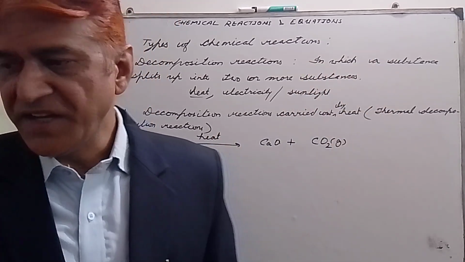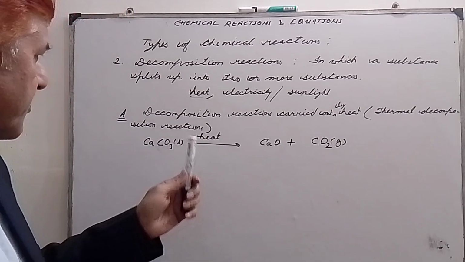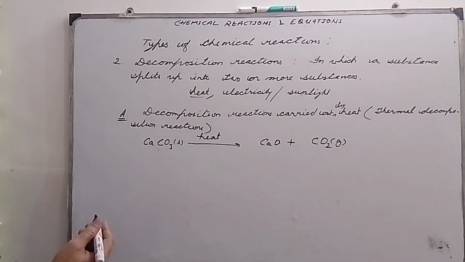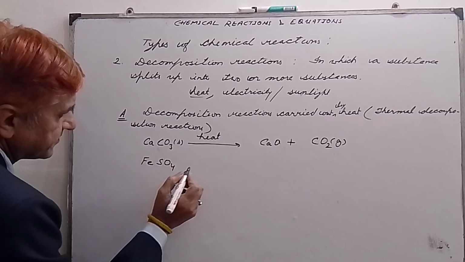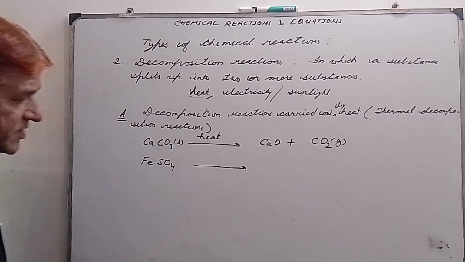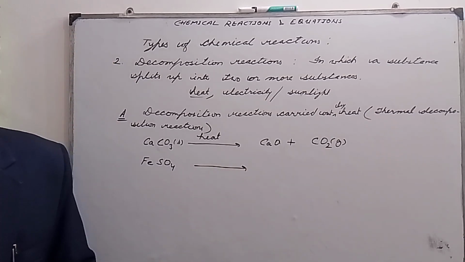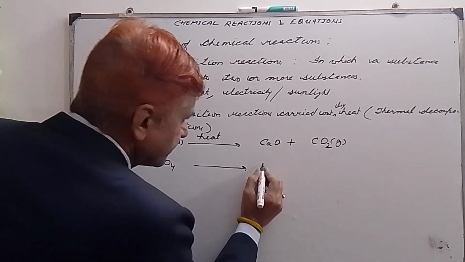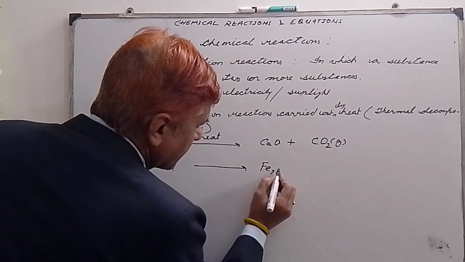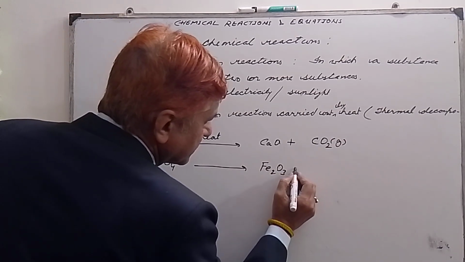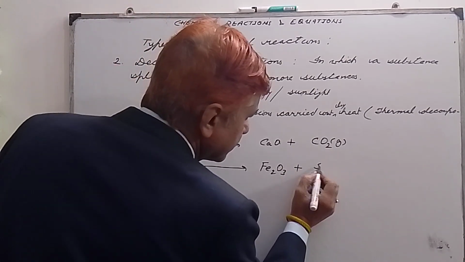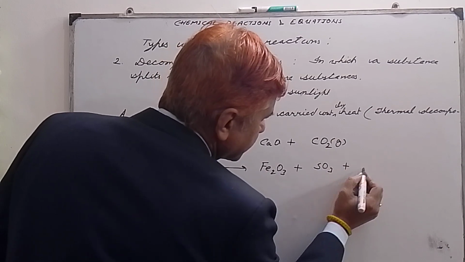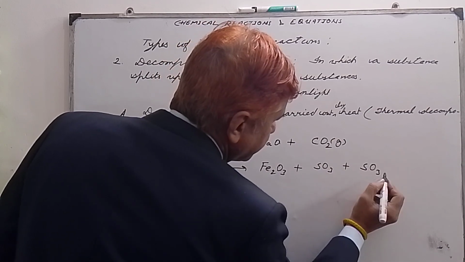One more thermal decomposition reaction is of iron sulfate, FeSO4. This splits up into iron oxide, Fe2O3, plus sulfur dioxide plus sulfur trioxide.